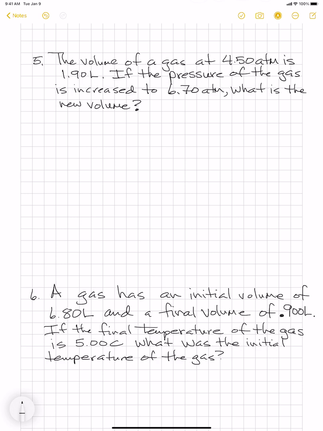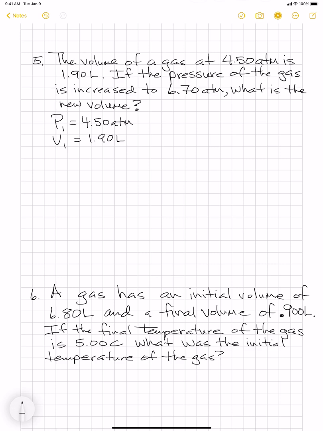Okay, first of all, we're just going to do the same thing we've done before. We're going to write down what we know. And in this problem, we know that the starting pressure, P1, is 4.50 atmospheres. Okay, and the starting volume is 1.90 liters.